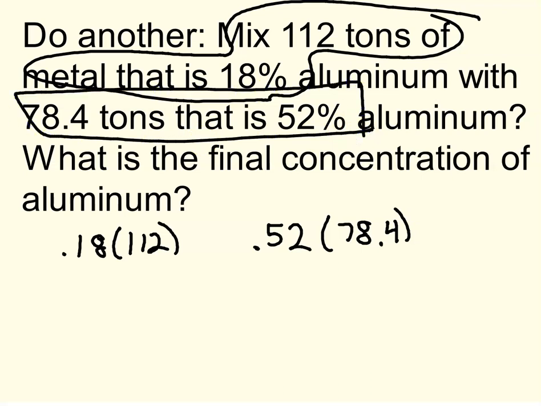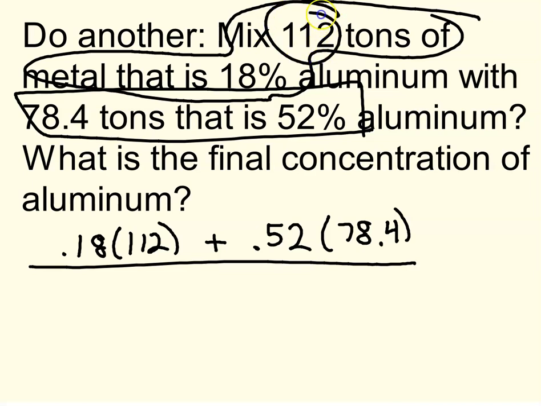So when I mix these together, I'm basically adding up this amount of aluminum and that amount of aluminum. So I've got the total amount of aluminum there, and then I'll divide by how much total there is. So I've got 112 plus 78.4. Adding that in my head, not always reliable, but I think I'm getting 190.